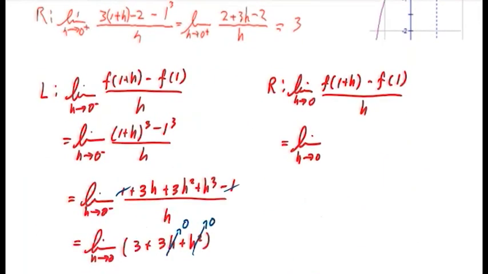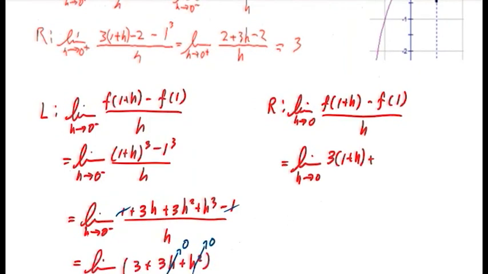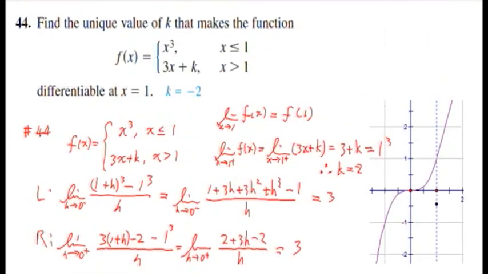So we are supposed to use 3 times (1 plus h) plus k, right? But minus f of 1 is still 1, because that equal sign, once again, belongs here. So we are supposed to use this function to plug in 1.